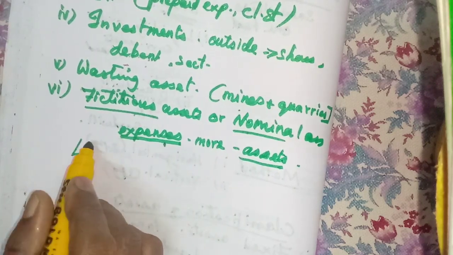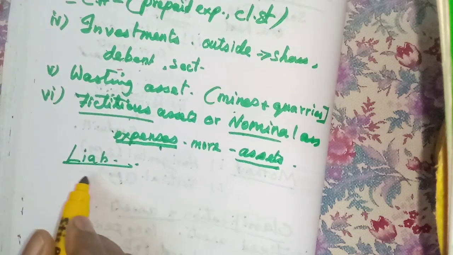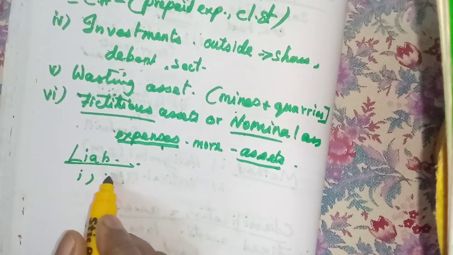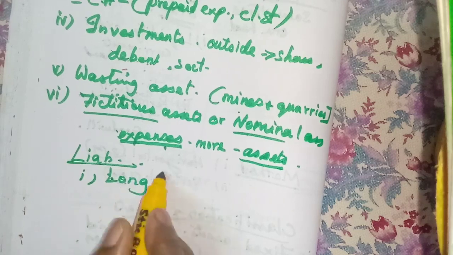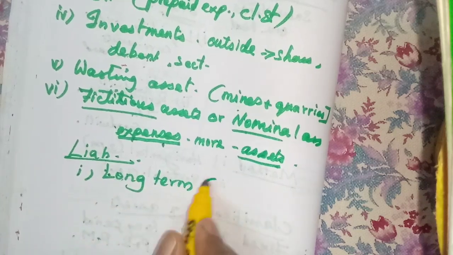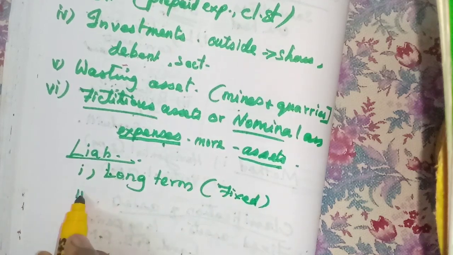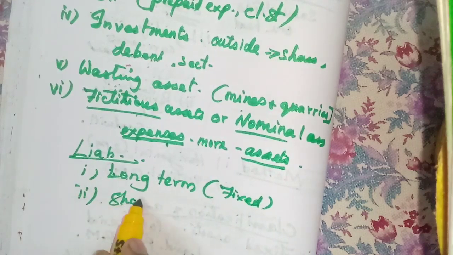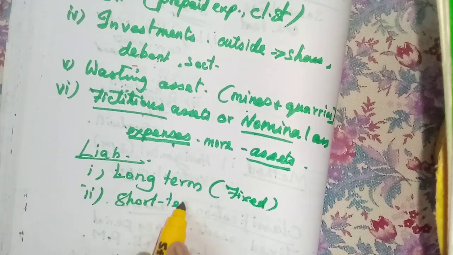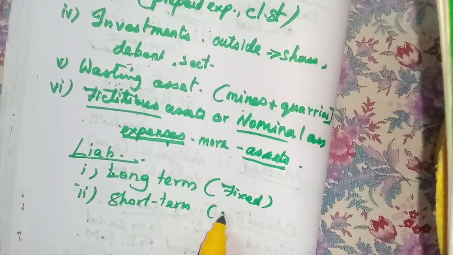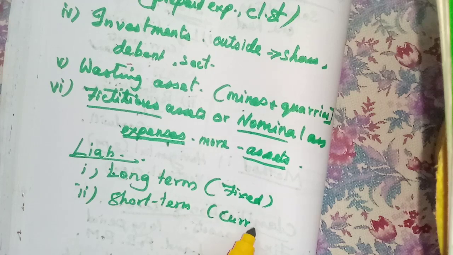Now, what is the classification of liabilities? Only two classifications: long-term liabilities and short-term liabilities. Long-term we could call fixed, but we never use the word fixed liabilities. Short-term liabilities can be called current liabilities.